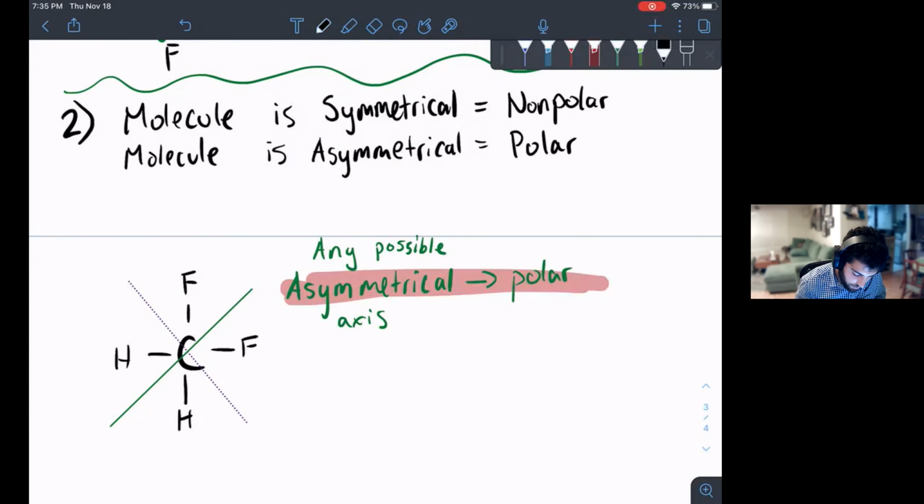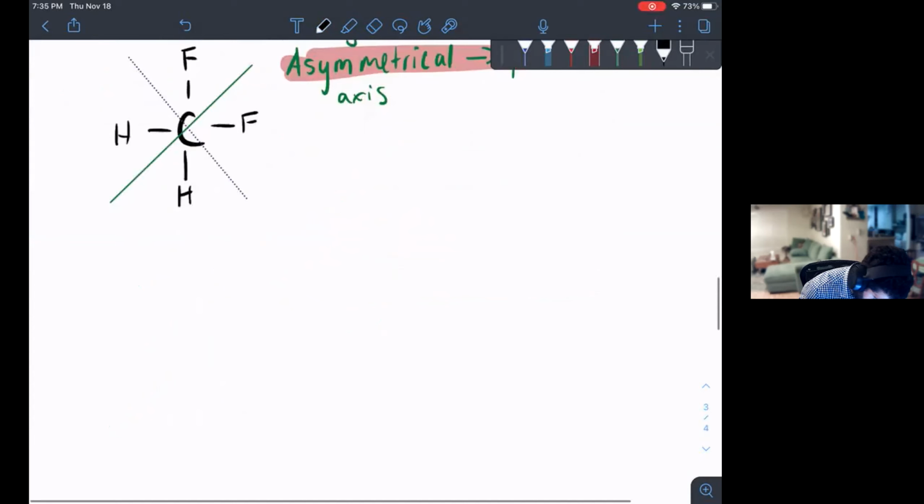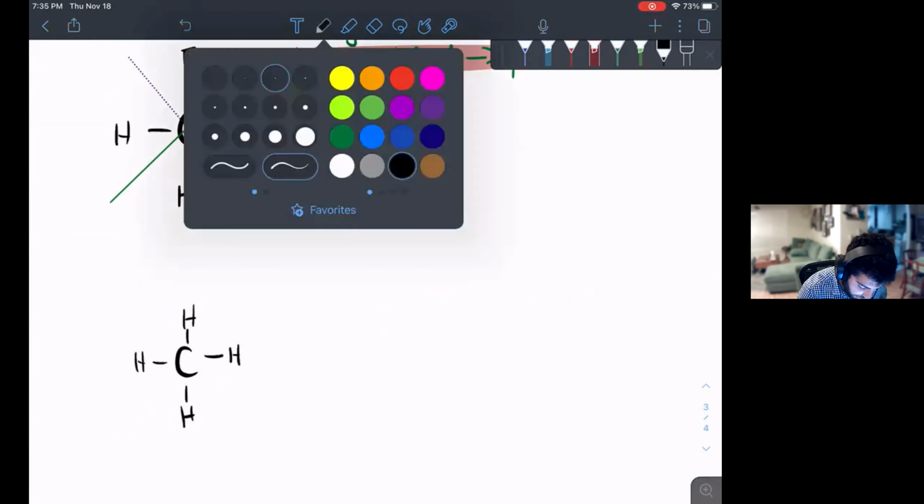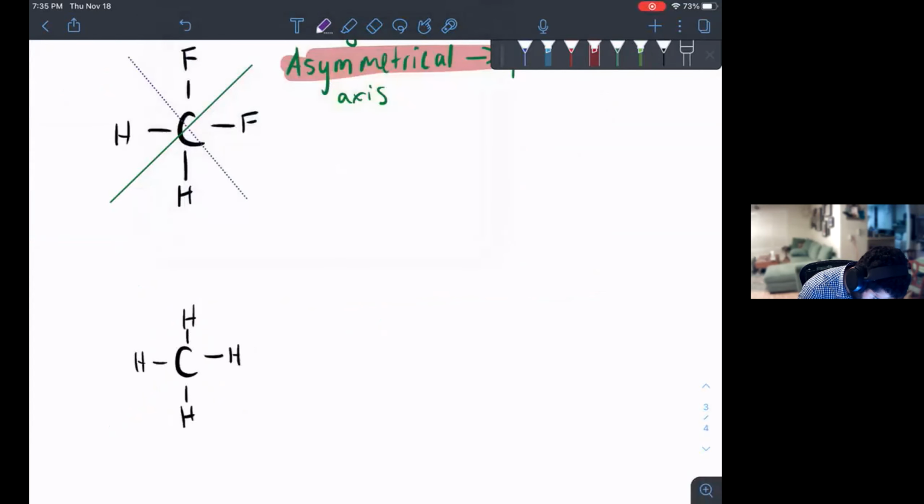Now, if we look at our other one, methane, CH4, and we go ahead and try and divide it. If I divide it this way, it's symmetrical. This way, it's symmetrical. That way, it's symmetrical. That way, it's symmetrical. This is always symmetrical.